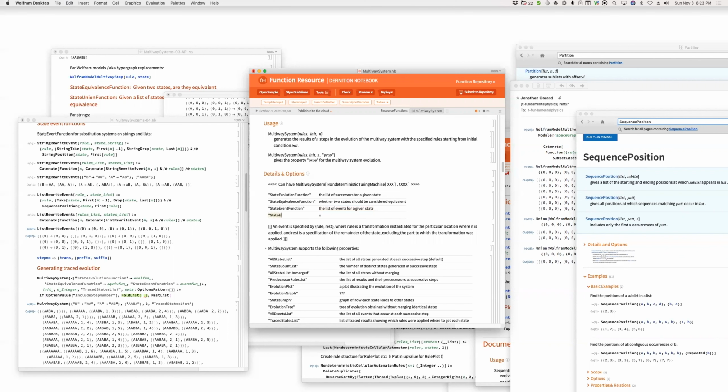State event evolution function. The list of events and results for and successors for a given state. Okay, so then how are we going to do that?